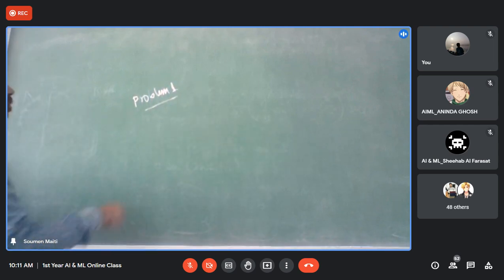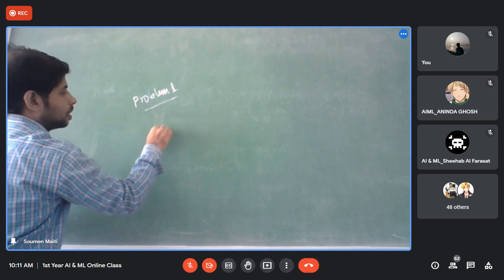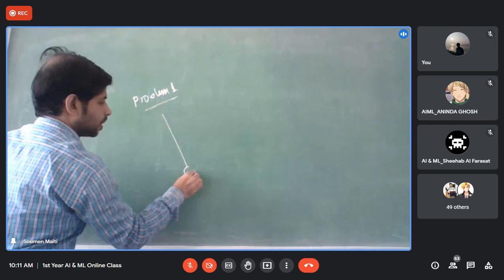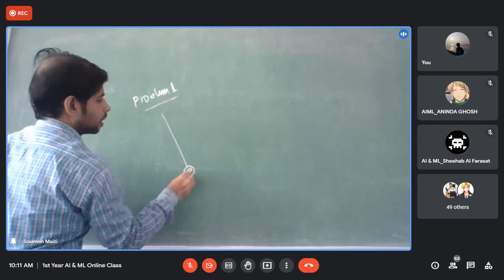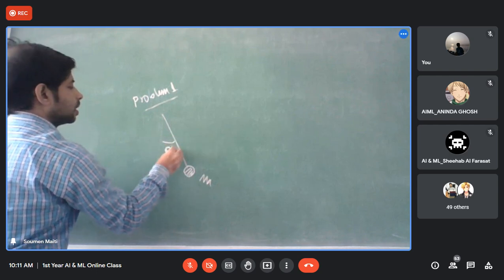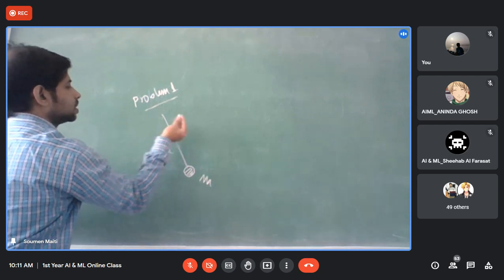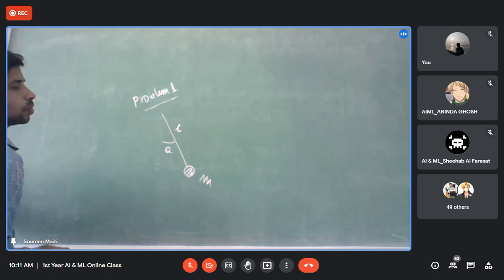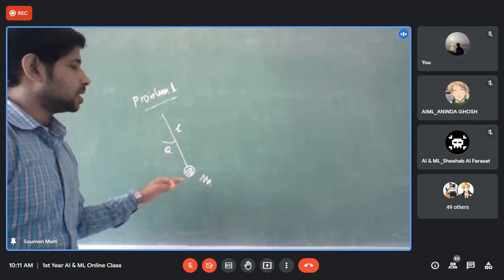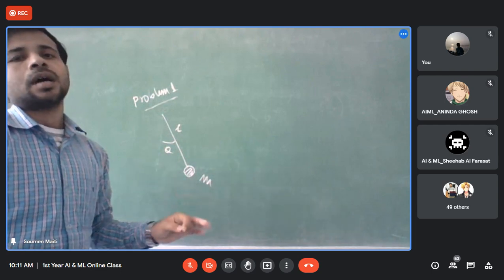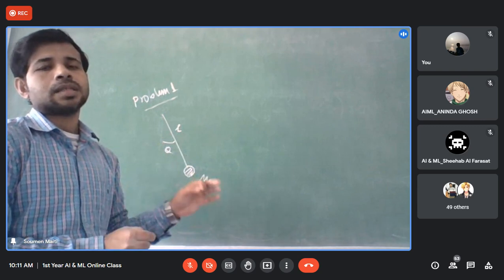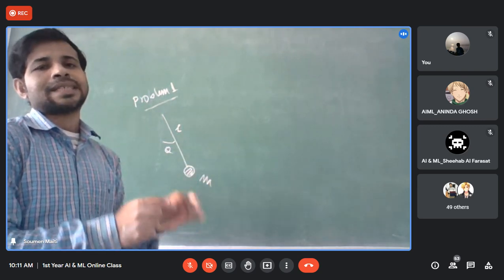Suppose this is a pendulum with a mass m, this is the angle theta, and the length is L. If the pendulum is moving like this, how can we tell that this pendulum is showing an SHM?